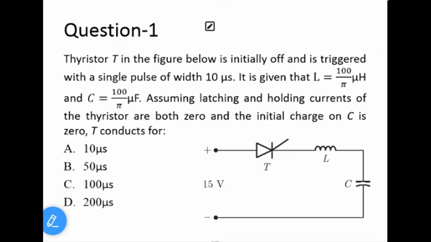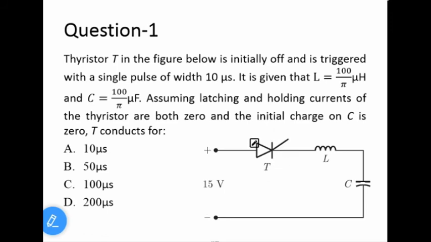It is given that L equal to 100 by pi microhenry and C equal to 100 by pi microfarad. Assuming that latching current and holding current of the thyristor are both 0, the initial charge on the capacitor is 0, T conducts for?